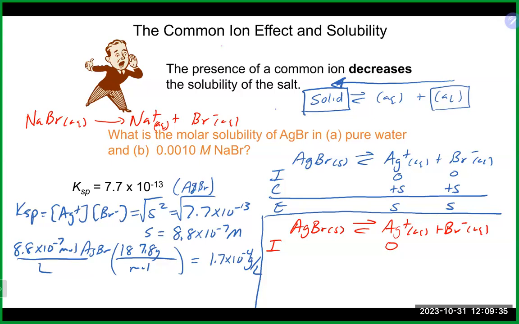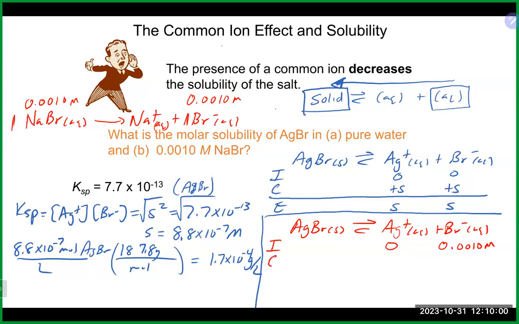So since this is 0.001, it is a 1-to-1 relationship between that and the bromide, which means the bromide would be also that same concentration. So we actually would have a concentration here supplied by the sodium bromide, giving us an initial Br minus concentration.